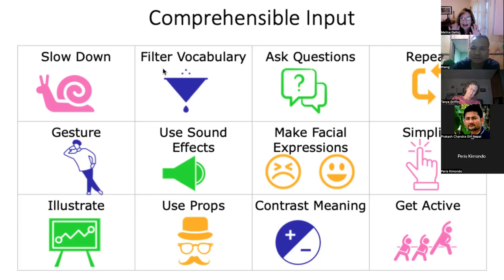So cutting out the extra words can make it easier for our students to focus on the important words that they need to learn. I had a situation once in a class where I was pointing to different objects in the room, and I was saying, here we have a wall, and over here we have a window, and up here we have a ceiling. And so one of the students raised his hand and said, what's a here we have a?